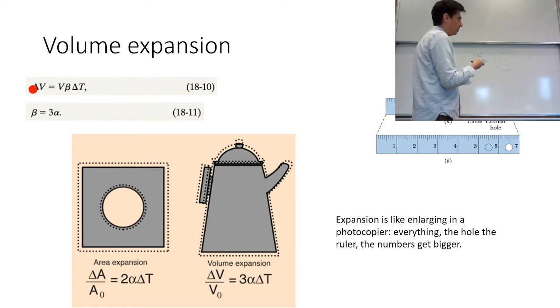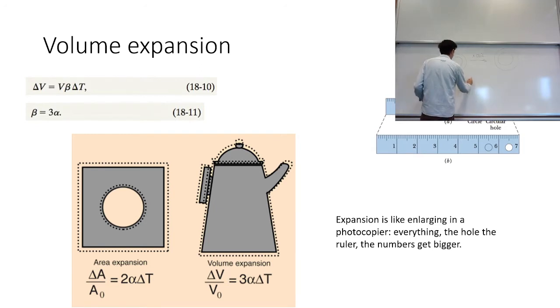So maybe just to visualize it a bit more, say we've got a cube, and then you heat it up and it becomes a bigger cube. So the volume expansion, which is basically the change in volume, here's our original volume, V, and here's the new volume, V prime.